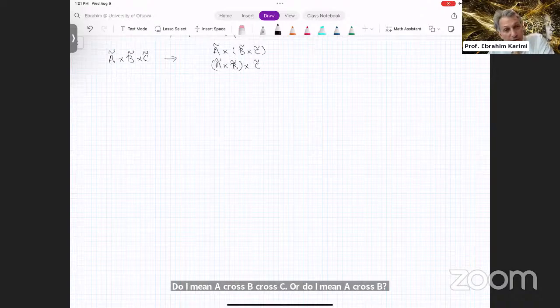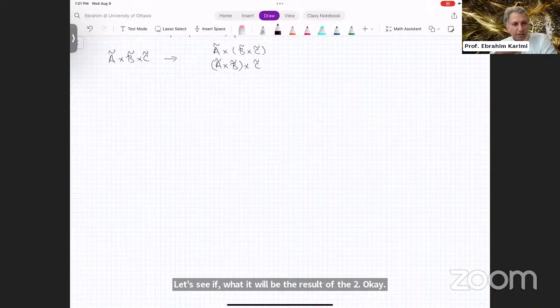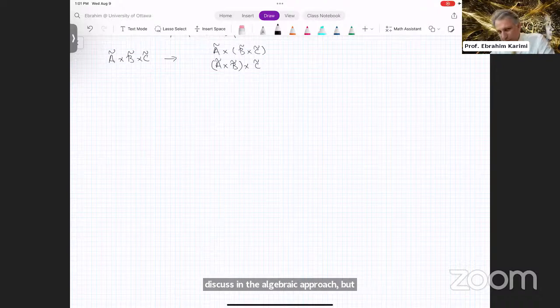That is important. Let's see what the result of the two will be. I can do the calculation in the algebraic approach we discussed, but let's go with the geometrical approach, because it is very interesting.